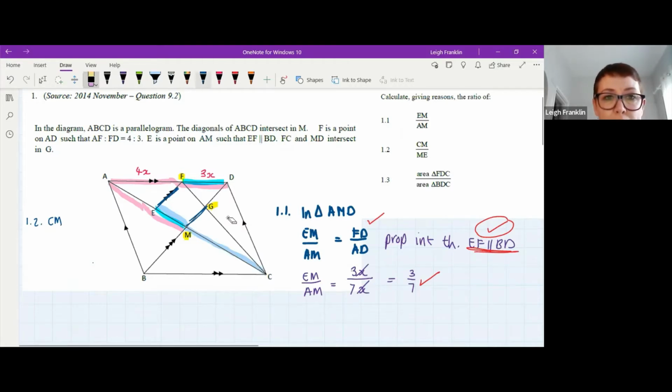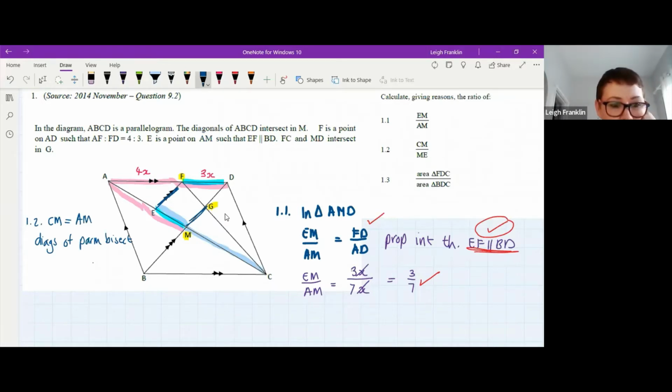So CM is equal to AM. Our reason here: the diagonals of a parallelogram bisect. Okay.